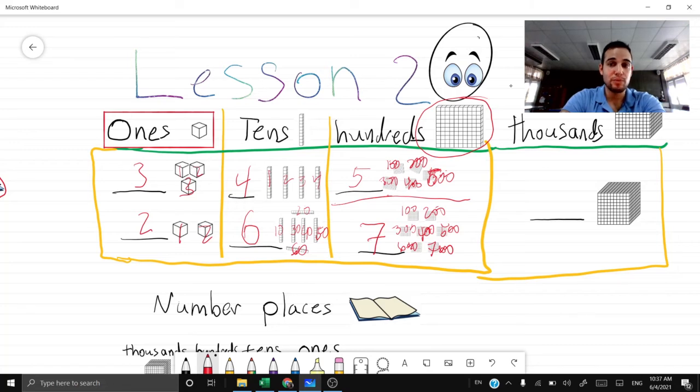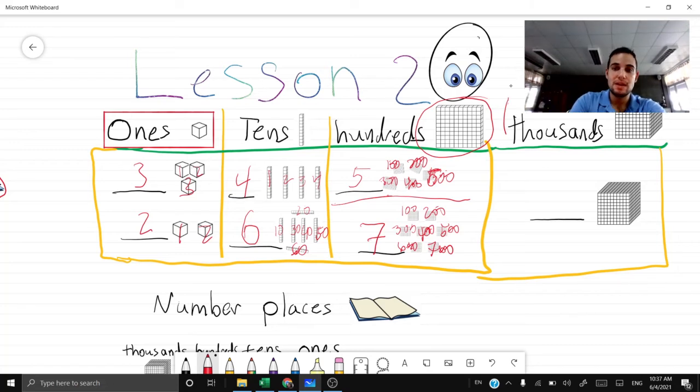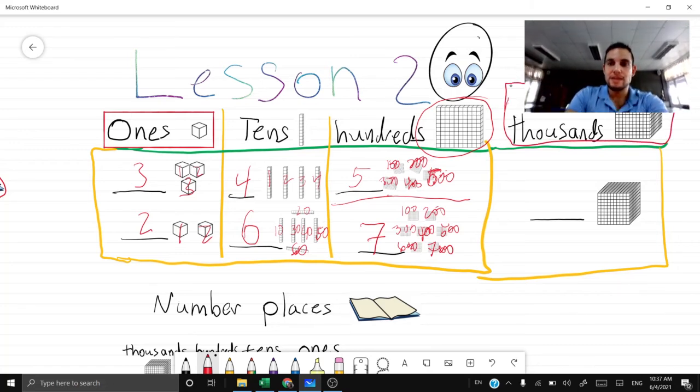Are you ready? Last one. This should be new. This is the thousands. Wow, that's a lot of cubes. If we take 10 hundreds, then we can make 1,000.